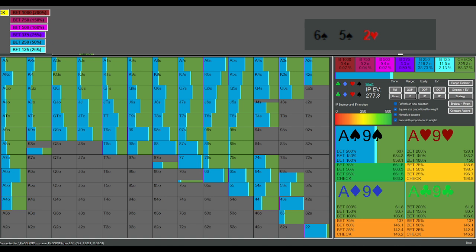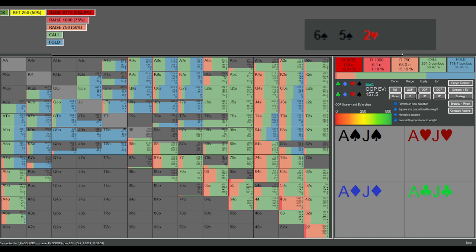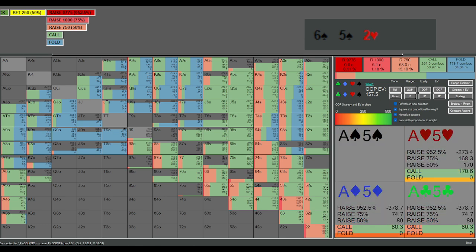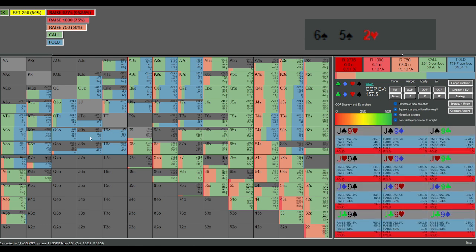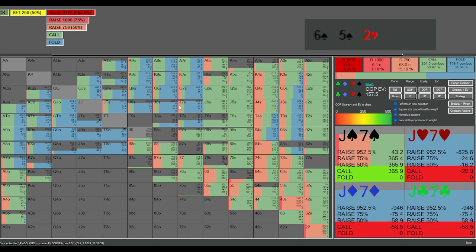On these low boards, if you have a good king or a middling ace or something, you're really incentivized to check back to keep, because if you bet half pot here with something like king jack, you're folding out a lot of this stuff you have dominated.